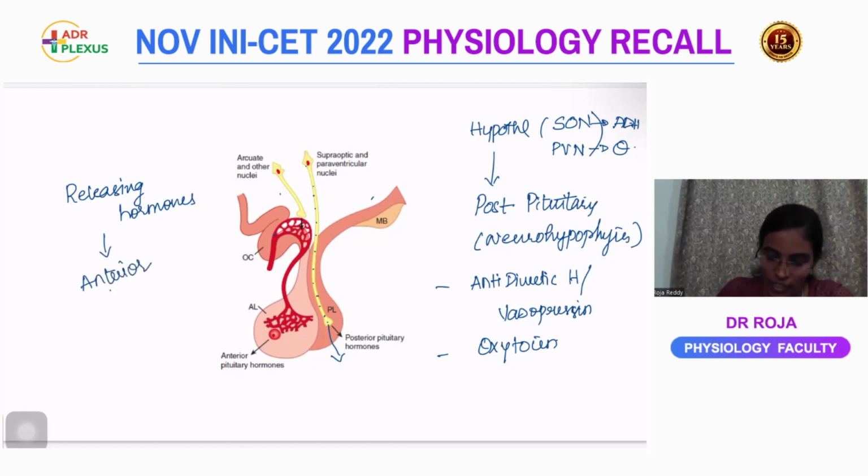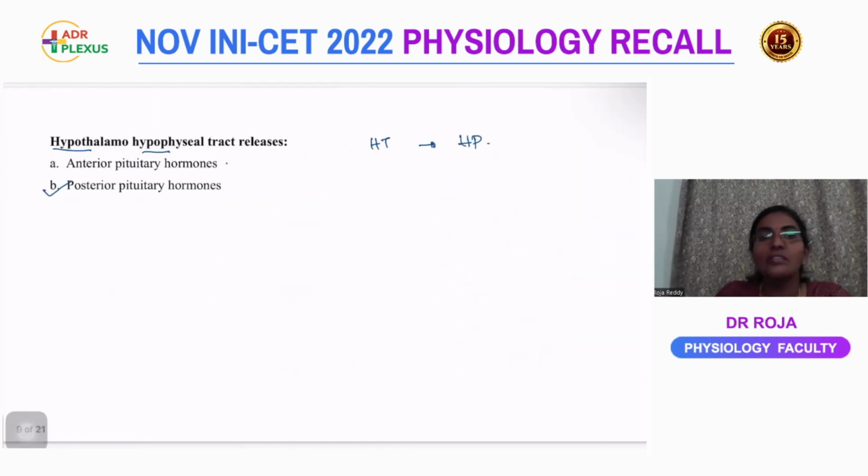In the anterior pituitary, they stimulate various types of cells which synthesize various hormones like thyroid stimulating hormone, LH, FSH. Various types of hormones are released from the anterior pituitary. So the question is: the hypothalamo-hypophyseal tract releases which hormones? The tract will release the posterior pituitary hormones.